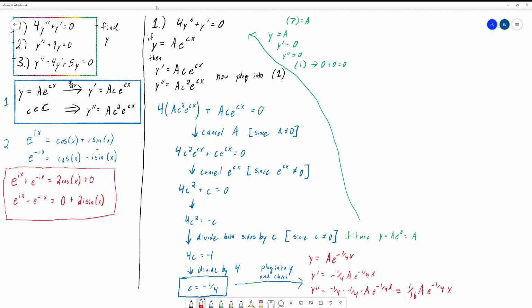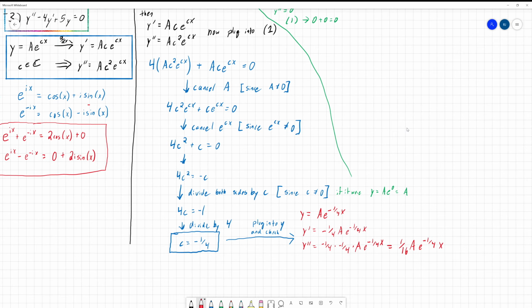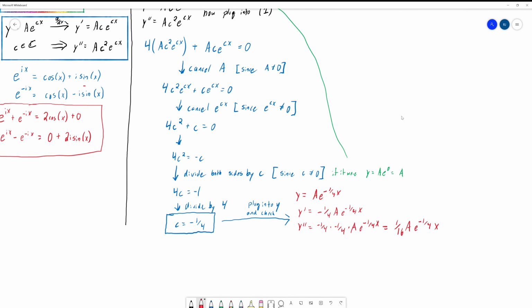Okay, and I'm going to just move my screen down. So now we're going to plug all this into our original differential equation, which was 1.